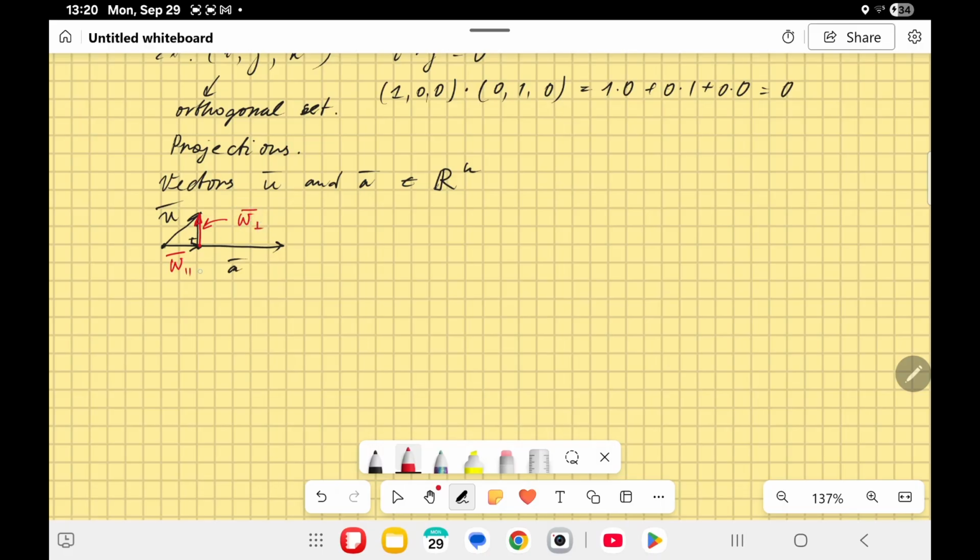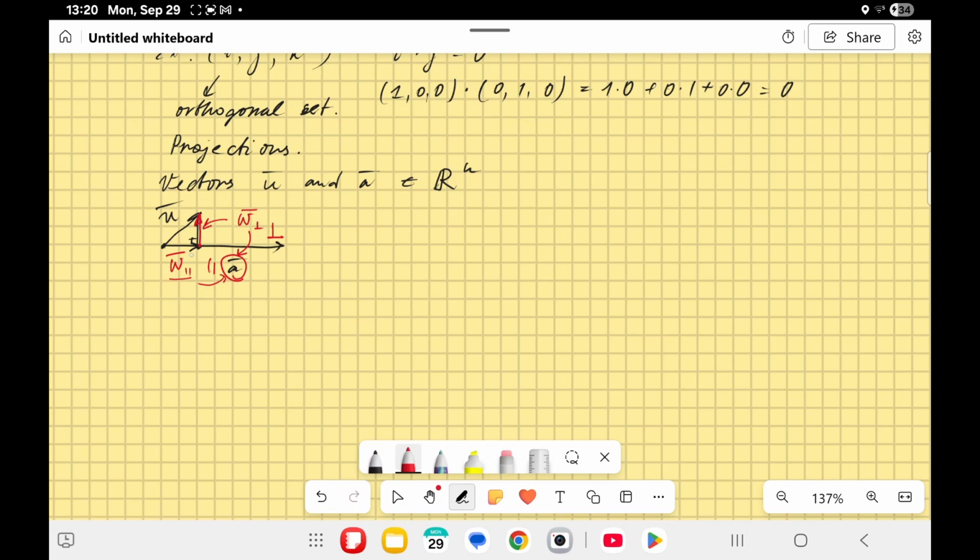Both are parallel and orthogonal to vector A. So this vector is parallel to A and the orthogonal projection is orthogonal to A. So we are going to consider them in relation to vector A.